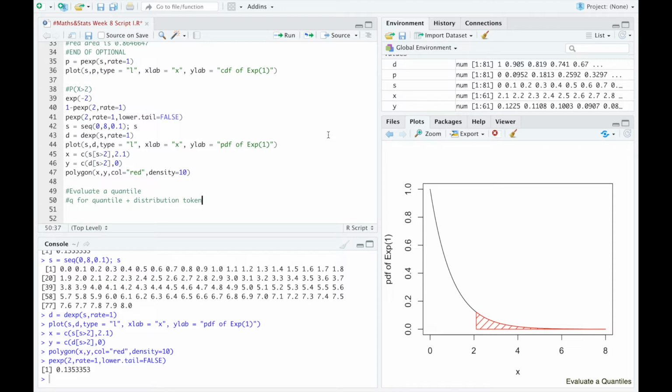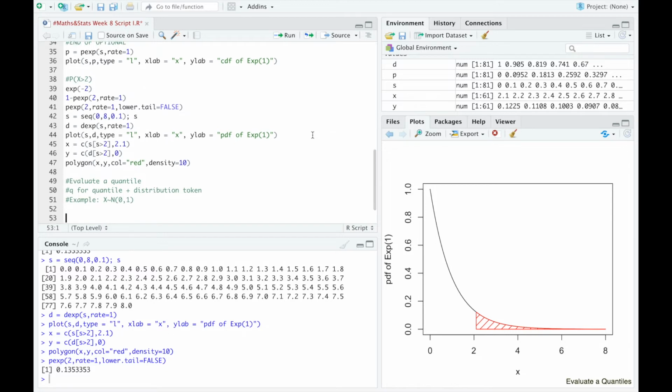We haven't talked about the normal distribution so far, which is possibly the most common, the distribution that you'll use most frequently. So this time, in the example, we will consider an x distributed according to a normal distribution. Let's say that it's a standard normal distribution.